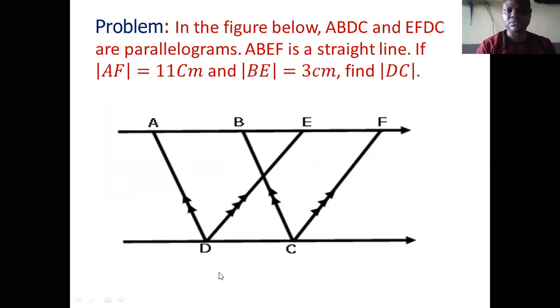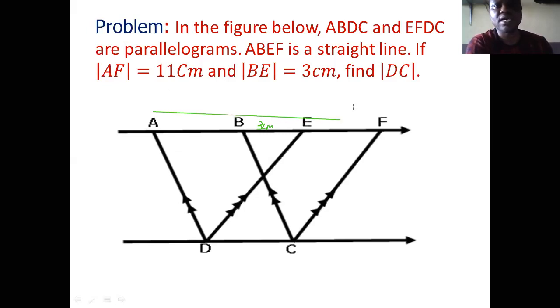Let me show you what this is talking about. The question says BE is 3 centimeters. This side is BE. That is 3 centimeters. And AF, let me show you AF. From here to here is AF.